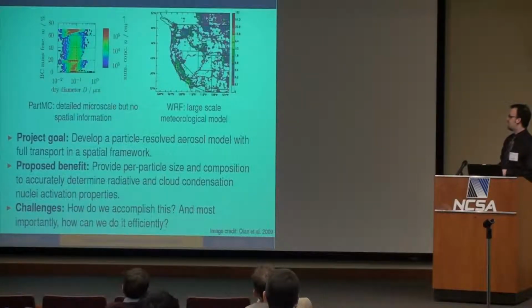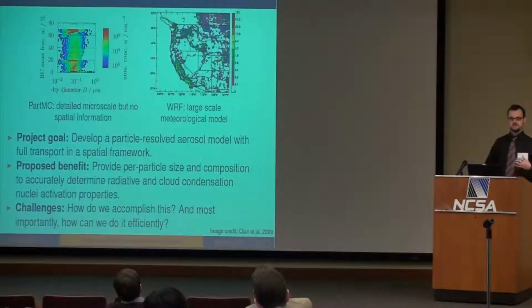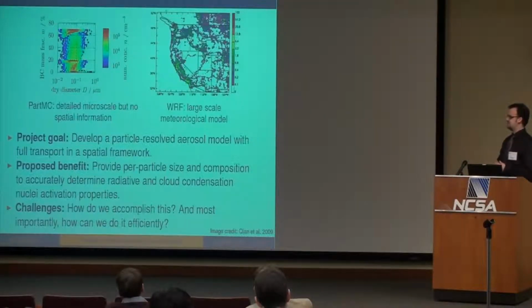On the right here, we have the regional weather model of choice these days. It has a very large developing community. It's the WRF model, and in the WRF model, we can resolve the dynamics of the atmosphere. So here in this image, we have a bulk quantity that's just a mass concentration of a certain species. And then on the left here, we have all this detail regarding size and composition of particles.